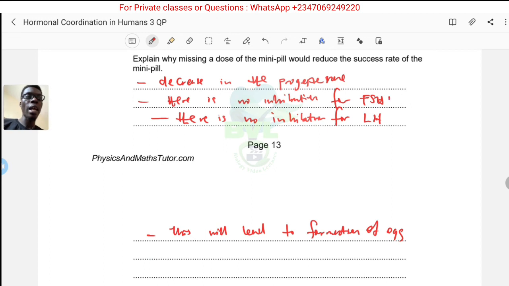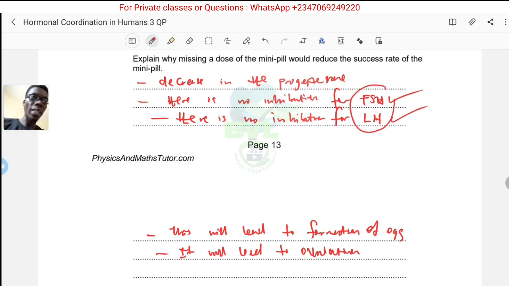Why? Because FSH has not been inhibited, so it will just be working. Also, it will lead to ovulation. Why? Because LH was not stopped either. Progesterone helps to stop these two. So when you miss your pill, the level of progesterone has reduced. Once progesterone reduces, FSH and LH will work.